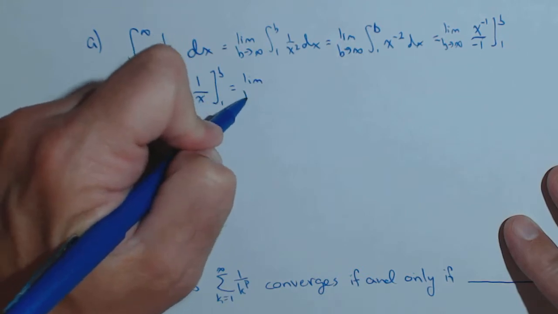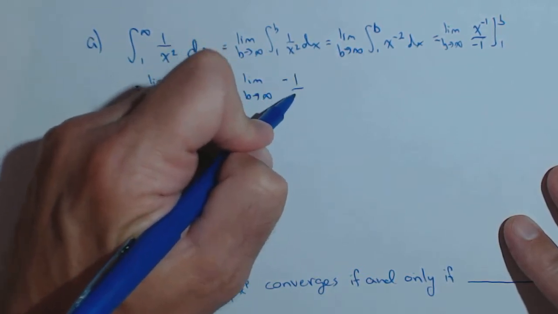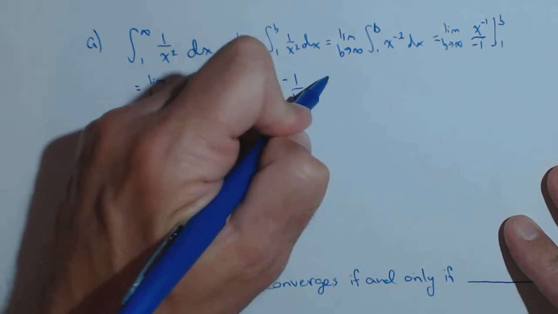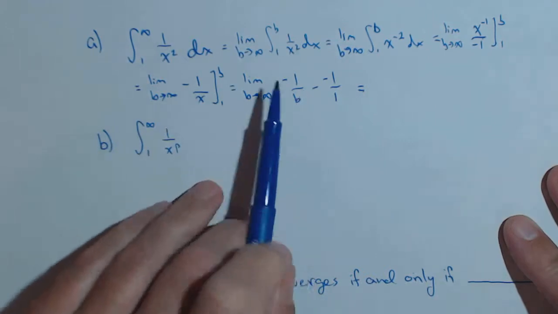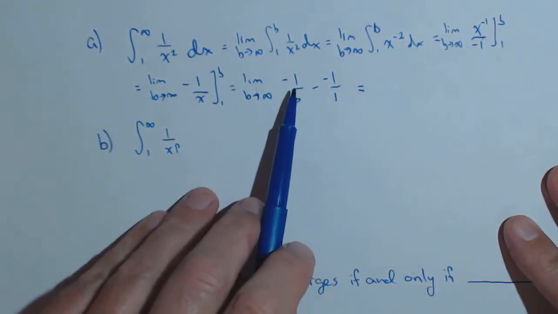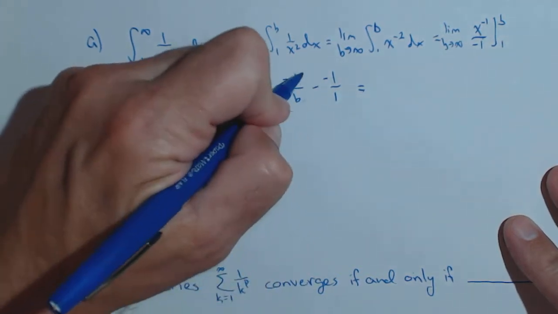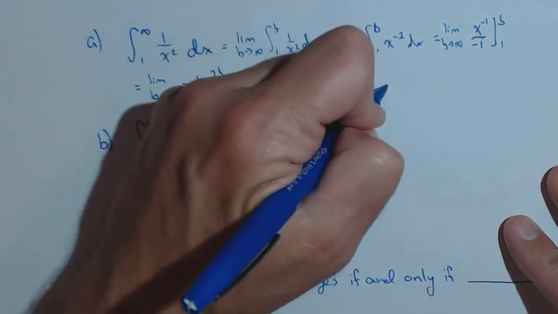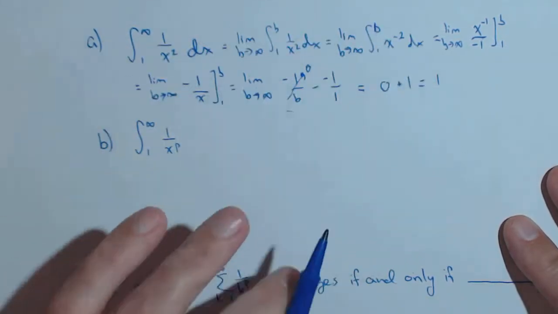So we have the limit as b goes to infinity of negative 1 over b minus negative 1 over 1. This is the only piece that depends on b, the only piece we have to take the limit of. As b goes to infinity, this term goes to 0. So we end up with 0 minus a negative 1, or 0 plus 1, or 1.